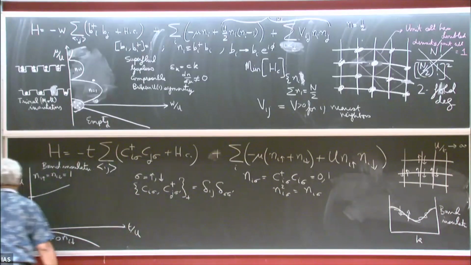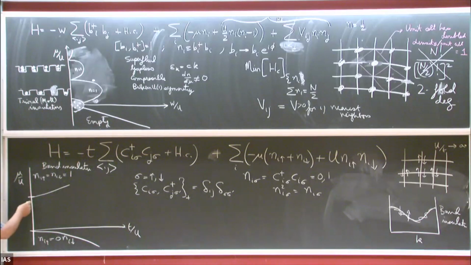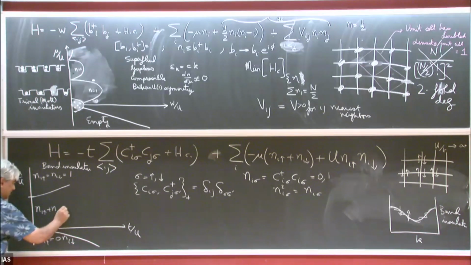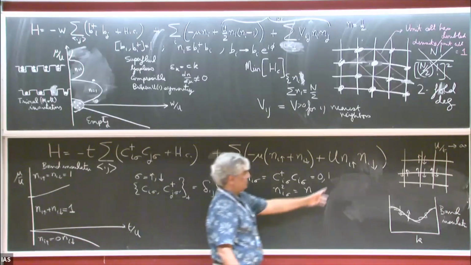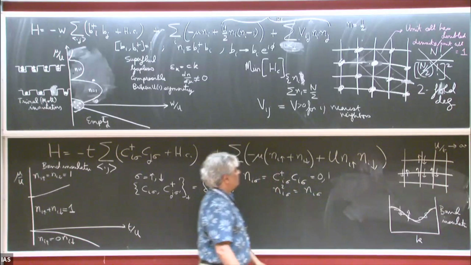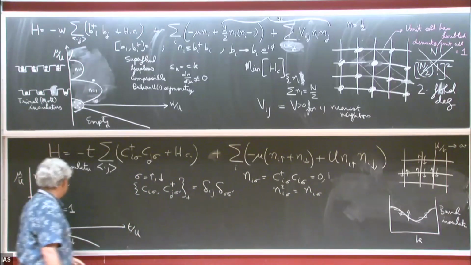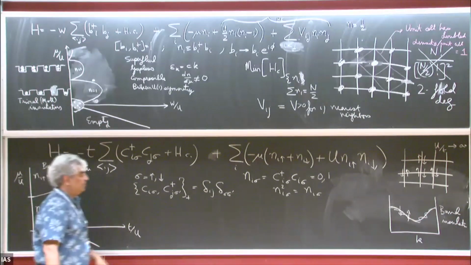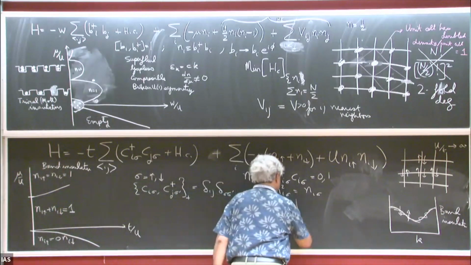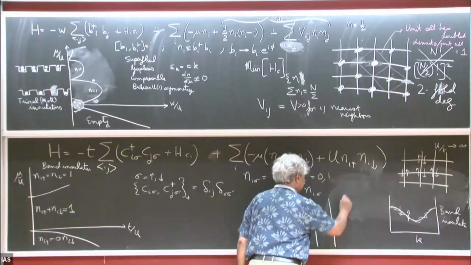What happens in between? So here, where the density is 1, what does the interaction say? That you don't want both spin up and spin down particles on the same site. But as long as you arrange that, then you're okay. So there are many ways of doing that, obviously.